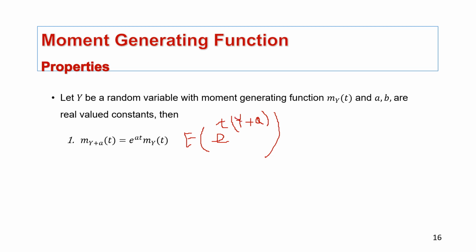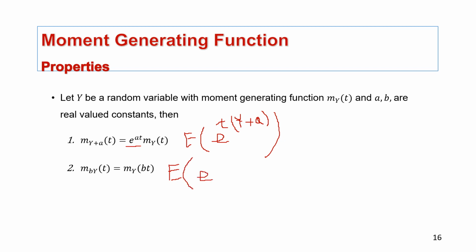Of course, writing using the mouse is very difficult. It's the expected value of e to the power ty, and we can move outside e to the power at. Then it's e to the power at times the moment generating function of y over t. What about the moment generating function of by over t?